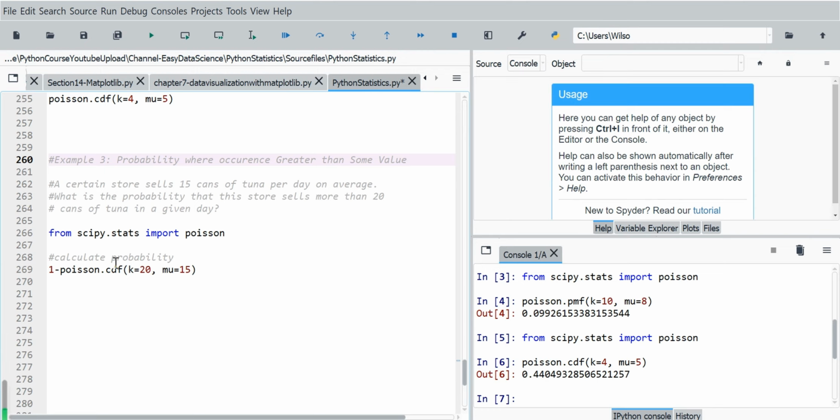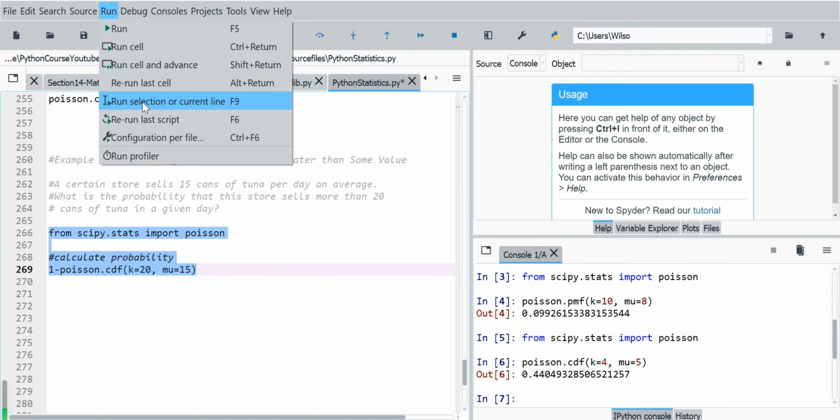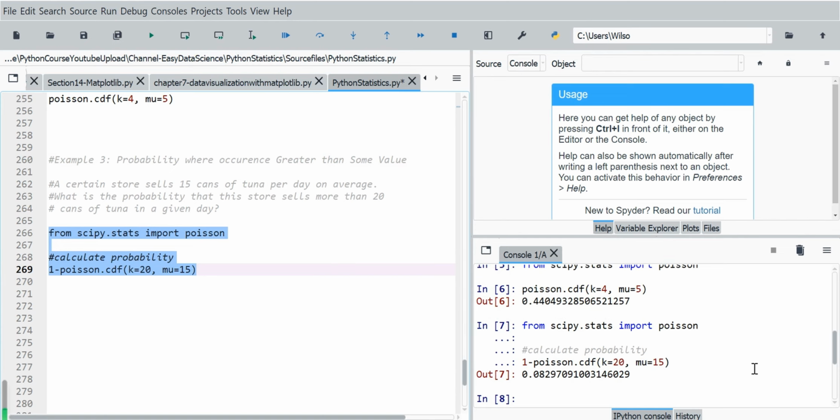We can calculate the cumulative probability of being less than or equal to this value, then use 1 minus this cumulative probability. We fill in k as 20 and mu equals 15. That gives about 0.0829 as the probability that this store will sell more than 20 cans in a given day. This is quite an infrequent event, a very low probability of selling more than 20 if the average is 15 in a Poisson distribution.